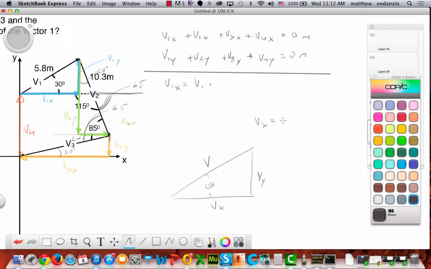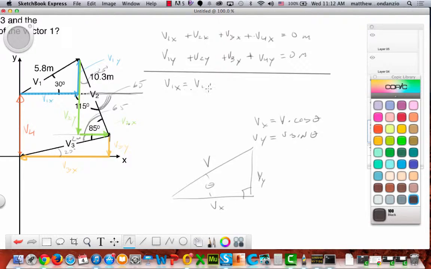Vx is always equal to v times the cosine of theta. Vy is always equal to v times the sine of theta. And this comes from your unit circle, as long as your triangle is set up with theta in the bottom left corner, and to the right of that is your 90 degrees. Does everyone see that?